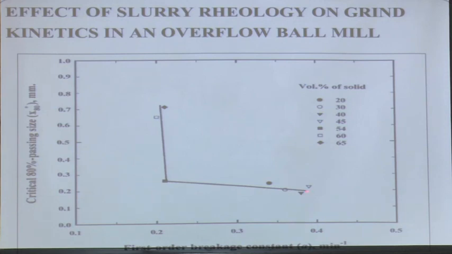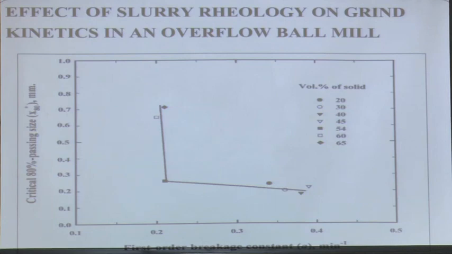The variation is going like this: 60% solids, it is like this. Here, 54% solids. Here, again 60% solids. In this zone, 20% solids and 45% solids in this area. So the breakage kinetics is changing like this with the critical 80% passing size.